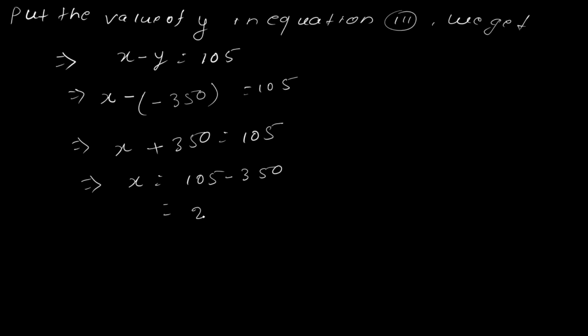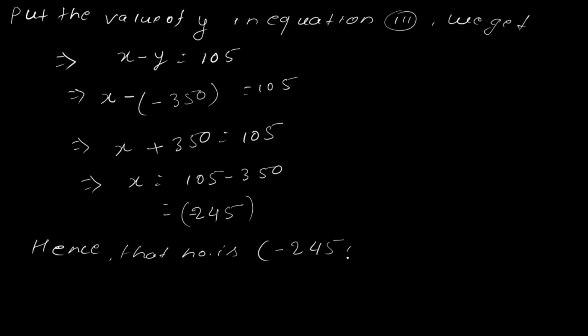So that is 245, and that also is minus 245. Hence the number is minus 245 or minus 350, or it could be plus also, because if we are putting it into ratio terms, the minus will get cancelled.